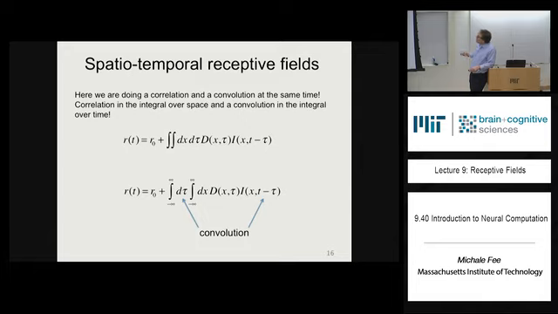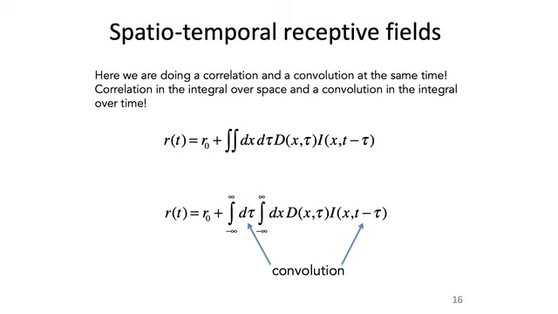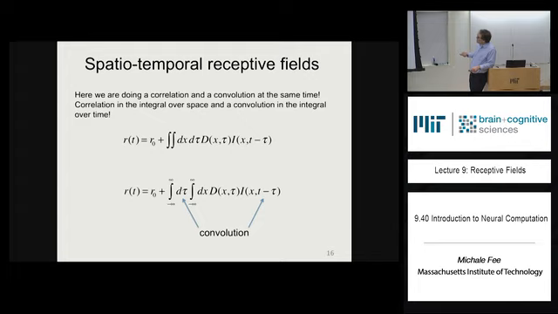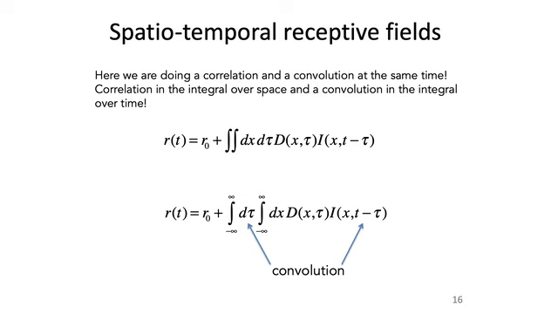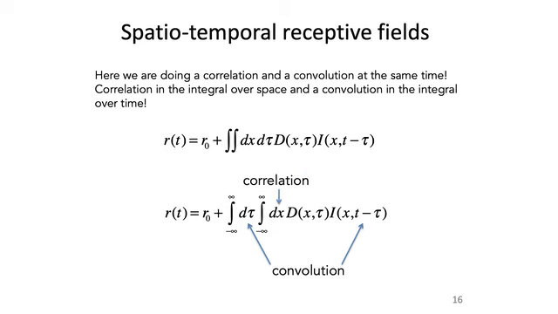I've pulled out the d tau because I've just written this as two separate integrals: an integral over tau that looks like a convolution, and an integral over x that looks like a correlation.